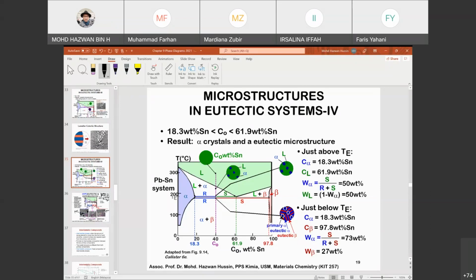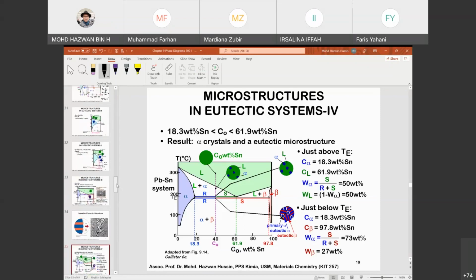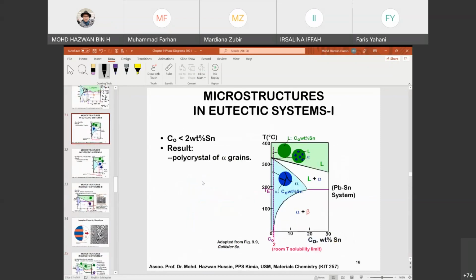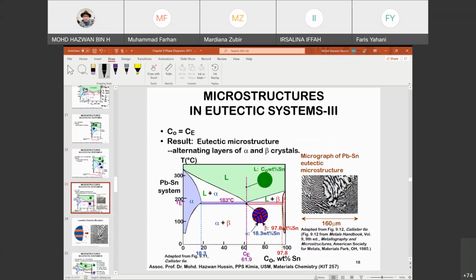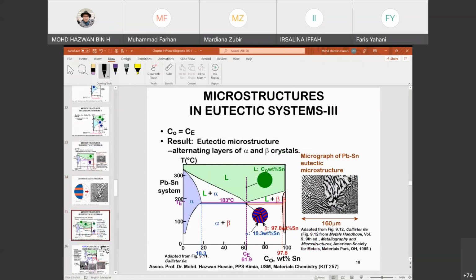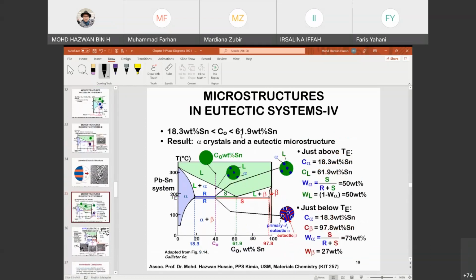Probably later on, I will also post another homework to draw the microstructure starting from the range of 0 until 2%, then 2% until 18.3%, the microstructure at the eutectic composition 61.9, and finally between 18.3 and 61.9.